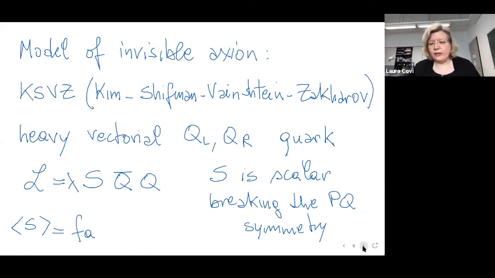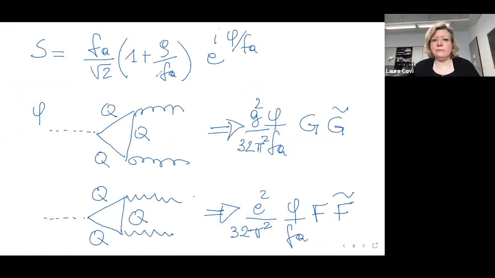In principle, you could think that there is the usual potential like for the Higgs. But usually the scalar part, the radial part, you are not very much interested in. So in some cases, you could also look at a description similar to what you do for chiral symmetry breaking.